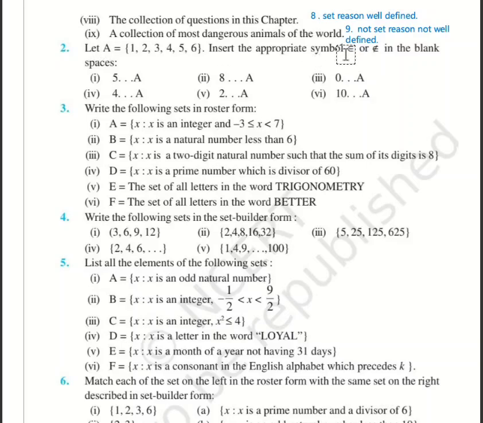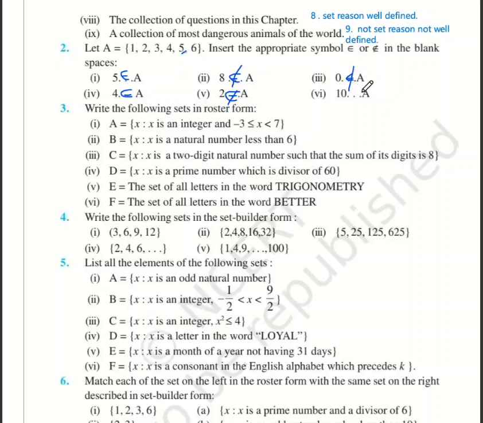So 5 is an element of A, 5 is there, so this is epsilon. For 8, it is not in this set, so this is not epsilon. 0 is also not in this set, so this is not epsilon. 4 is in set A, so this is epsilon. 2 is also there, so this is epsilon.